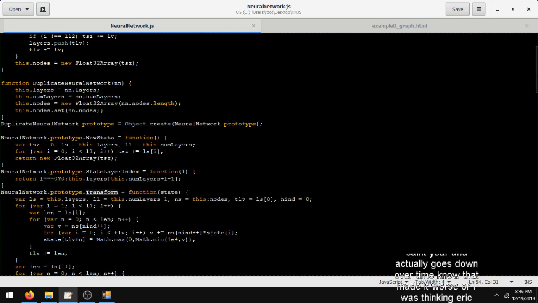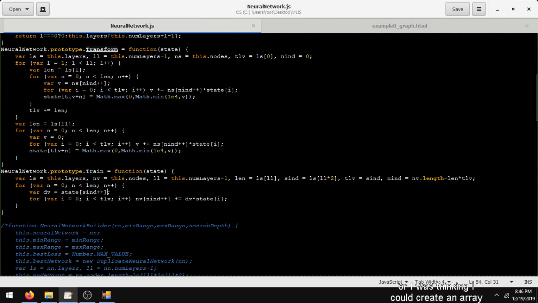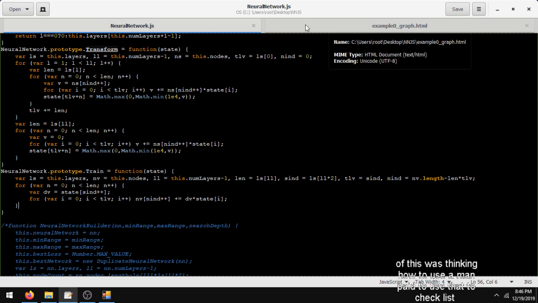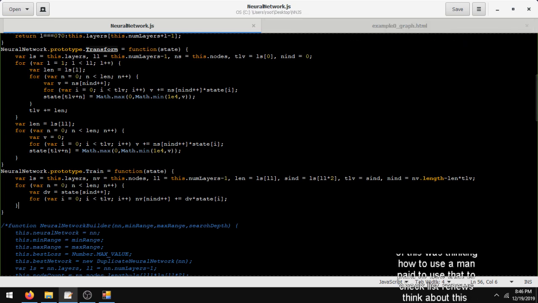I'm just thinking I could create an array and store the second derivative of this. I'm just thinking how I would use it then. Maybe use that to shift this. Let me just think about this. This is multiplied by the state.